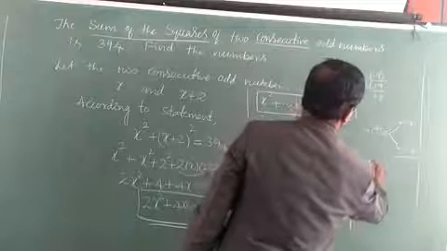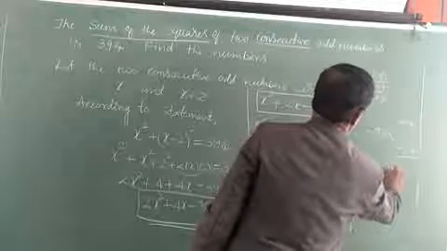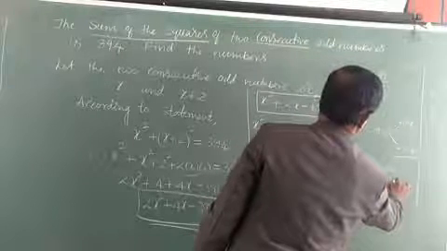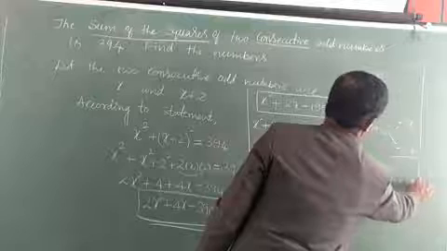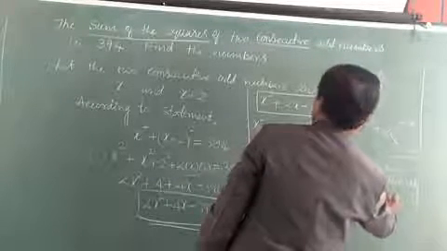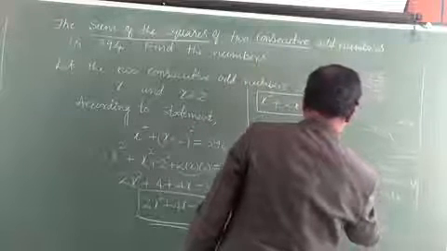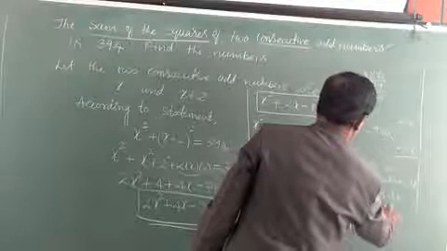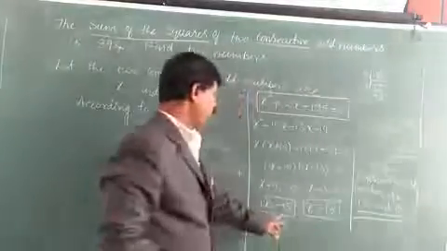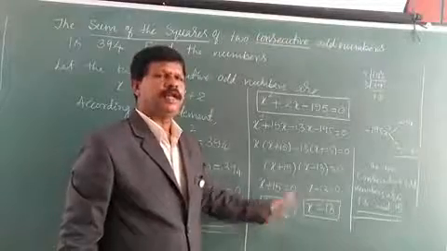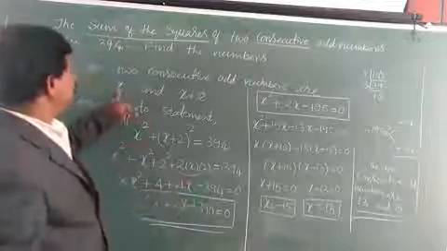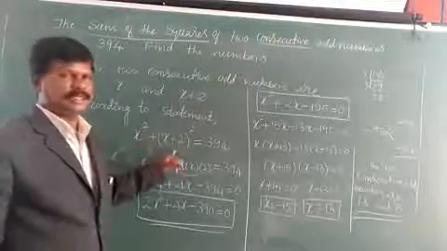Therefore, the two consecutive odd numbers are 13 and 15. Even we can take minus 15 and minus 13, because here we are taking the squares.